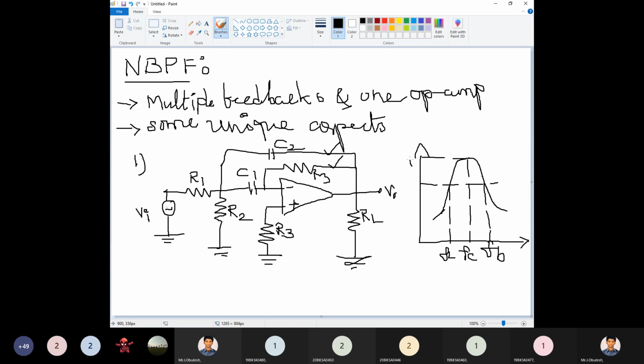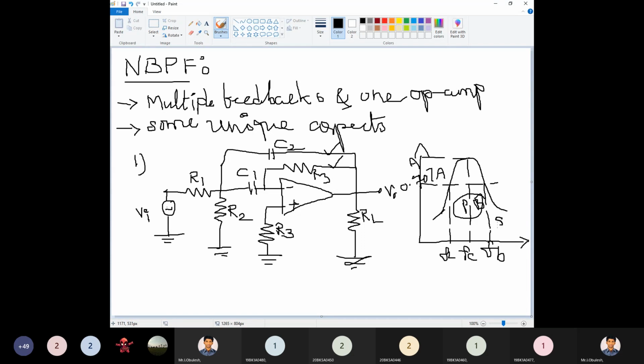This is A. This is 0.707 into A. This region will act as the pass band.